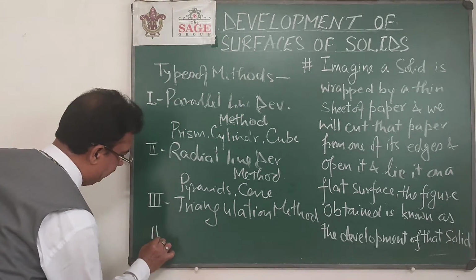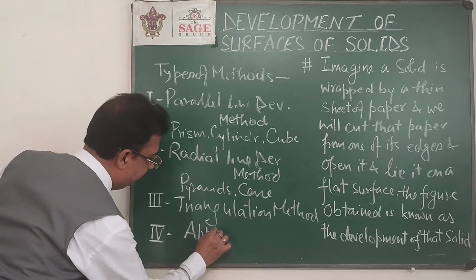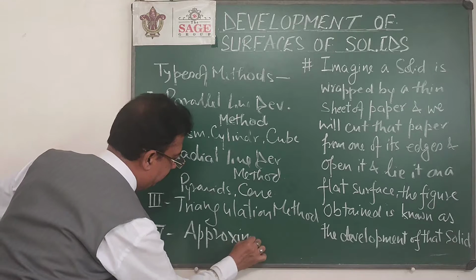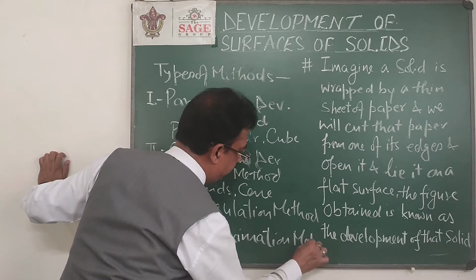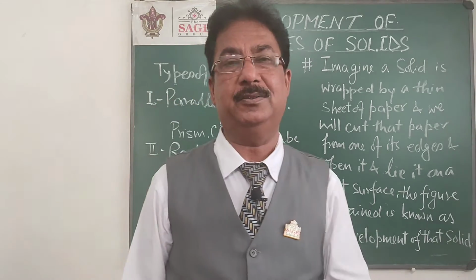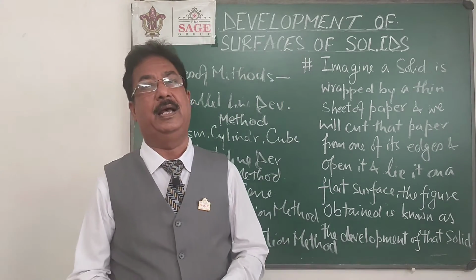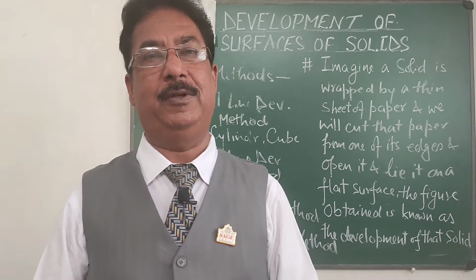Another method is known as the approximation method. This method is used for double curved surfaces like sphere, ellipsoid, paraboloid, these types of solids. They cannot be developed exactly.